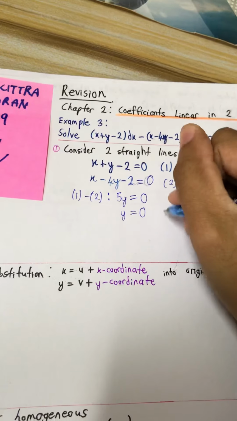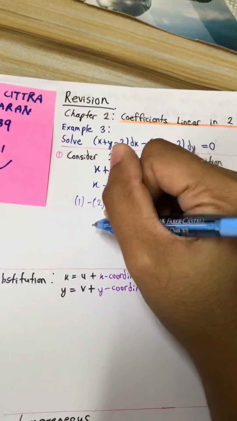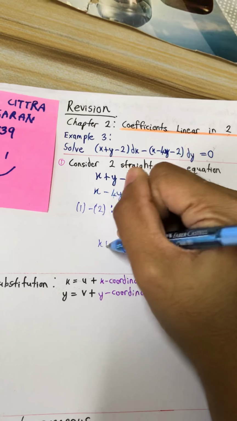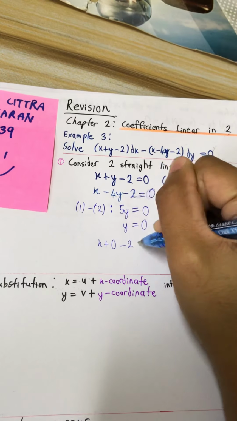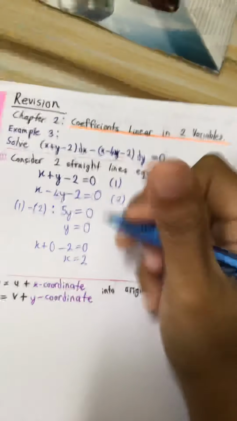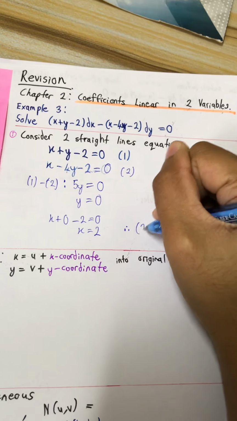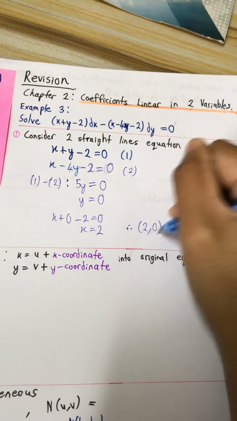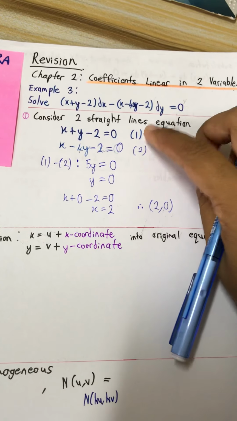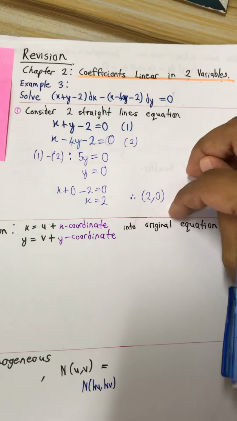Then we substitute y = 0 into the first one. So we get x + 0 - 2 = 0, so x = 2. So our coordinate is (2, 0). Here we can see that these two straight lines intersect at the point (2, 0).